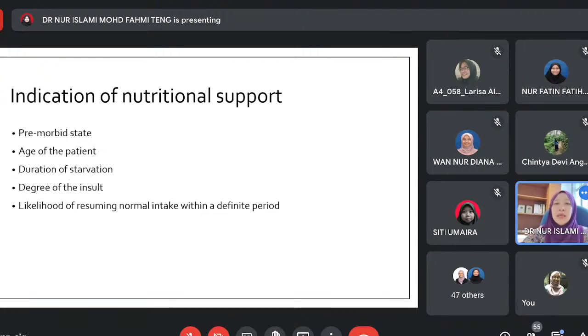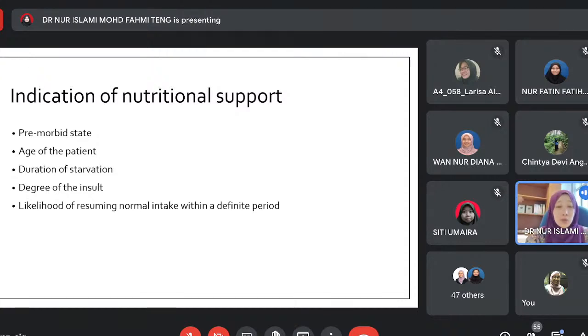Okay. So indication of nutritional support, macam kita tahu patient tu, this is the kind of patient that perhaps we call high risk, when the patient has a pre-morbid state. And then we also look at the age of the patient. Usually adults have a low risk of developing malnutrition as compared to the elderly patient.